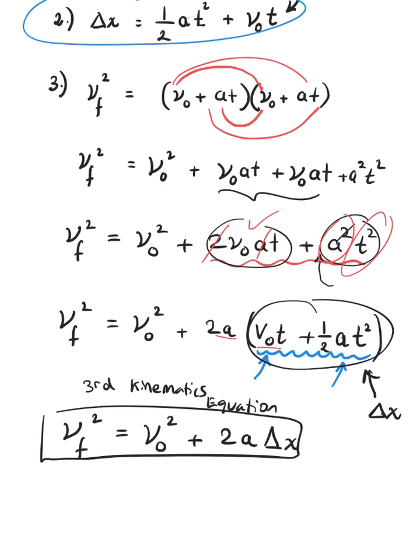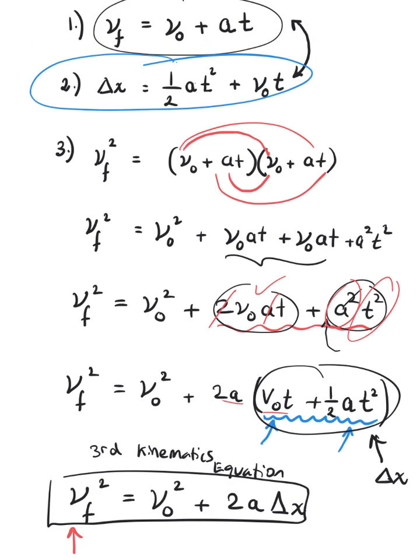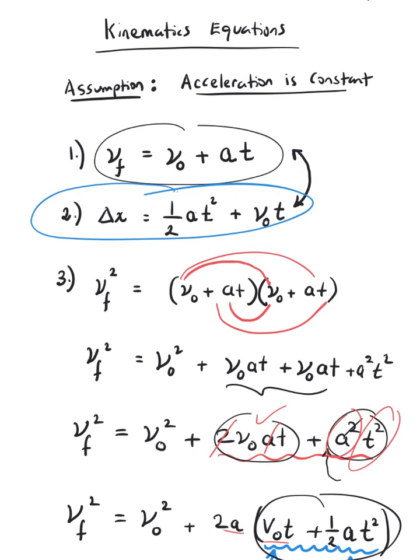Now, this kinematics equation also allows me to calculate the velocity of an object at some future time, but instead of calculating that velocity at some future time in terms of time, like the first kinematics equation does, if you recall, the first kinematics equation allows me to calculate the final velocity, or the velocity at some future time of an object, based on time, right?